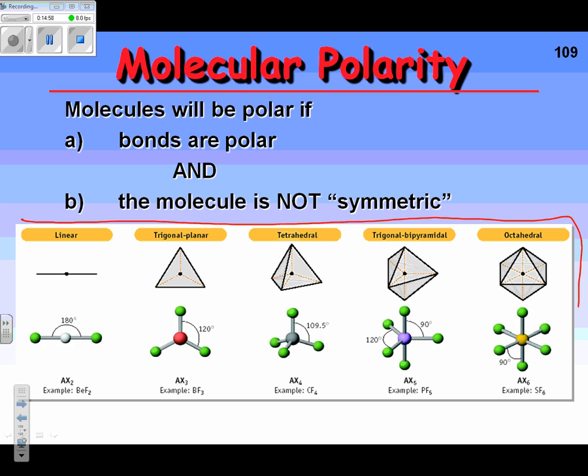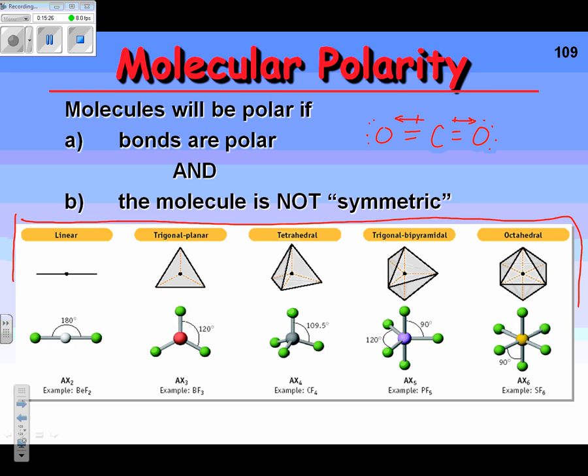What ends up happening is that the electrons are pulled in with equal force but in opposite directions, and so the dipoles cancel out. One good example of that is carbon dioxide. If I draw carbon dioxide, it looks like this, and the electrons are being pulled by the oxygen, so they're being pulled in opposite directions.